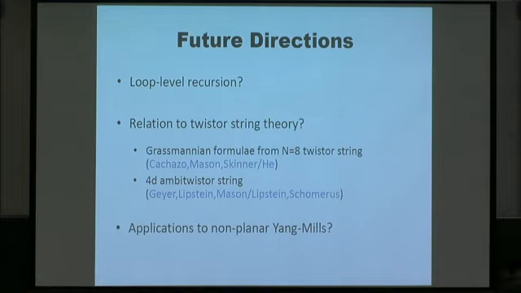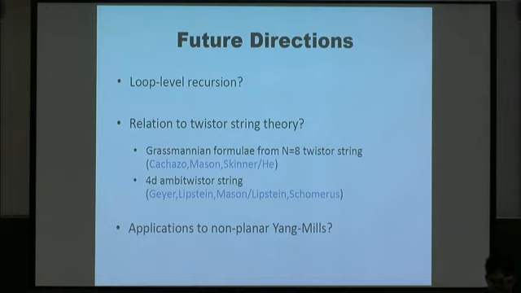Part of the difficulty was that there wasn't really a natural structure to match onto. But because the target space of the 4D ambi-twistor string consists of spinors, the types of formulas you get out of it are very reminiscent of the types of formulas you get from on-shell diagrams. So, with an on-shell diagram expression for the one loop 4-point amplitude at least, I think it may be interesting to revisit this problem.